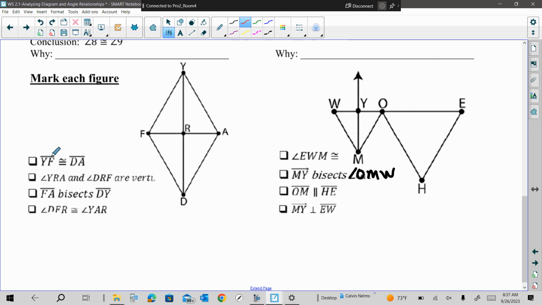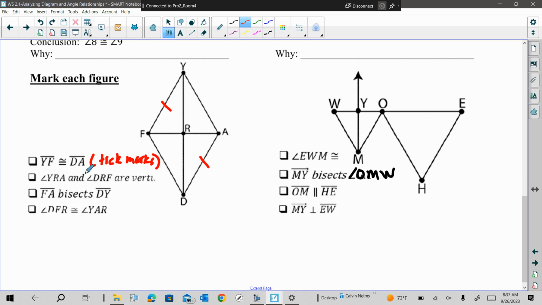So this first statement, YF is congruent to DA. What do we need for this marking? We need tick marks. I'm going to color code, but you don't necessarily have to do that. I just need to see that you have a tick mark between Y and F, and then between D and A, like that.